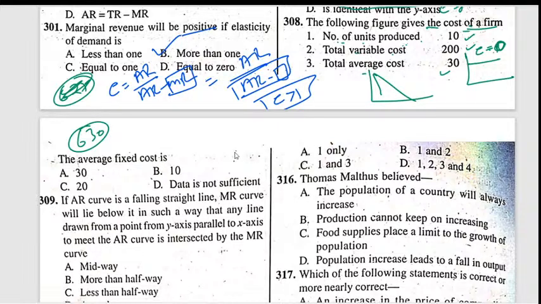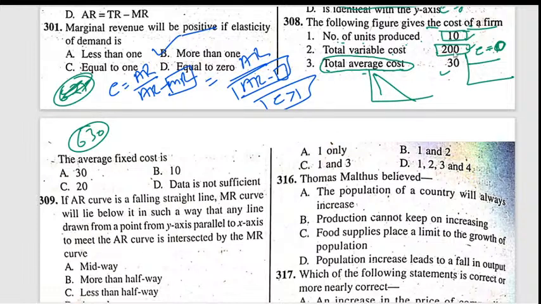It is saying that total average cost is 30. So what will be the difference between the average cost and total average cost? Total variable cost means the cost apart from the fixed cost, and the total average cost is 30.